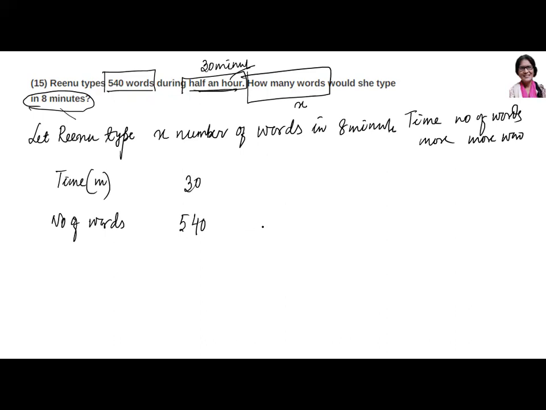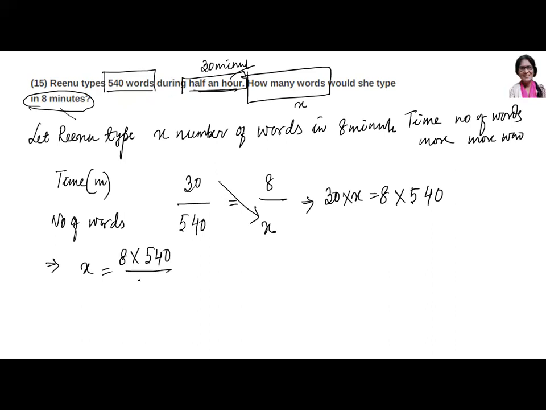Next is how many words? X words. How much time? 8 minutes. Now make the ratio equal: 30 into X is equal to 8 into 540. Or X is equal to 8 multiplies 540 upon 30. Cancel 3 18 times. Now X is 18 multiplies 8. It will be 144.